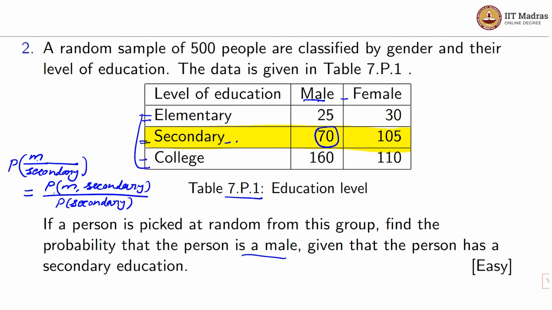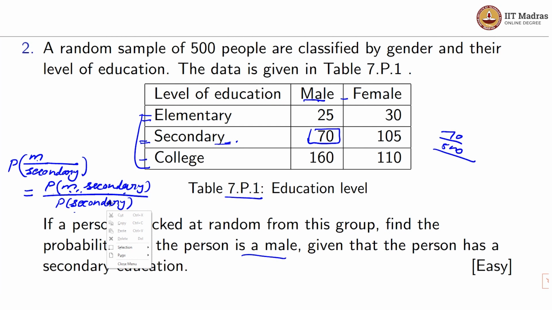So the probability that the person is a male and has secondary level of education is equal to the number of persons who are male and have secondary level of education, that is 70, upon the total number of people, which is 500. This is the probability of P M intersection S.